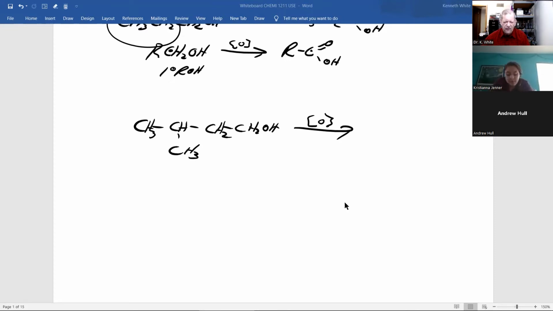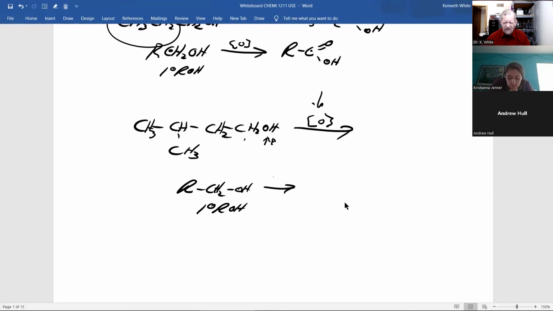Look for what's different, what's not carbon, what's not hydrogen. Should get your attention like that. And we have an oxygen with a hydrogen on it, a hydroxy group, and a carbon. As soon as I see O in brackets, I know that's oxidation. And I should think in terms of primary, secondary, and tertiary alcohols. This is a primary alcohol.